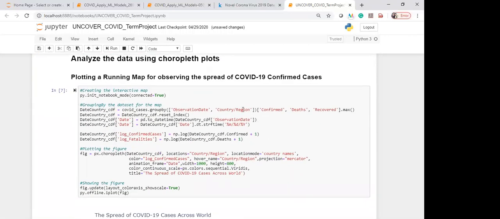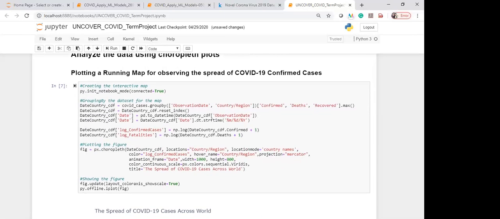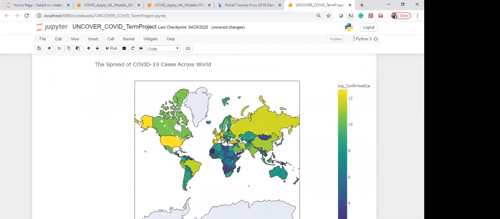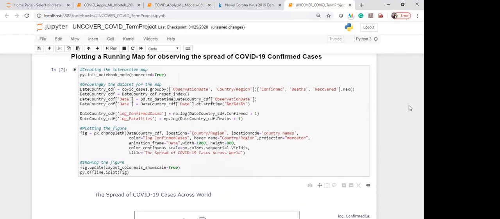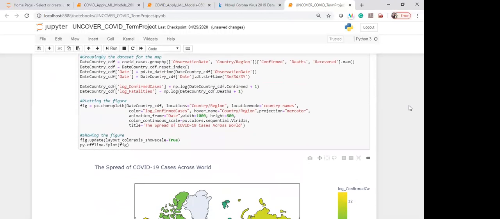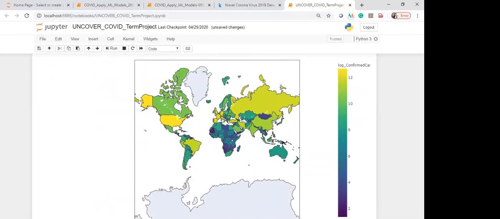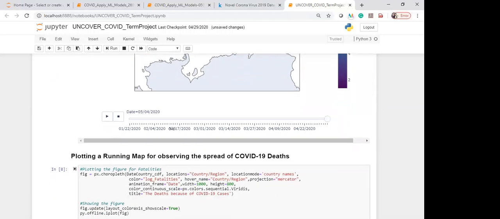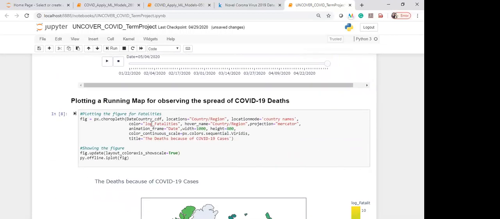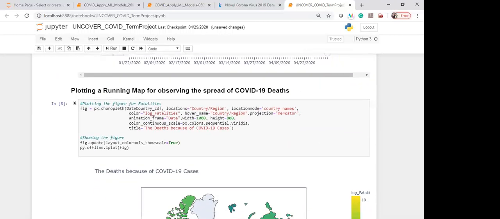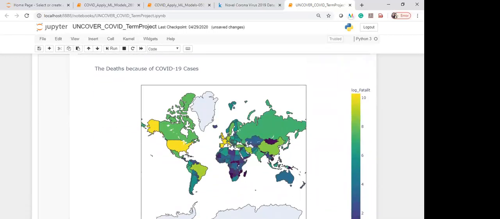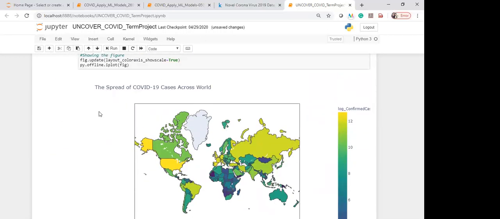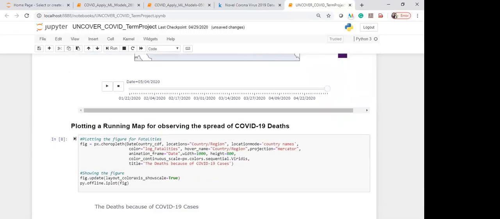And then I have plotted the severity of each country with different colors, as you can see here. And then the observation, the spread of deaths: the bar graph is about the confirmed cases, and this is about deaths.